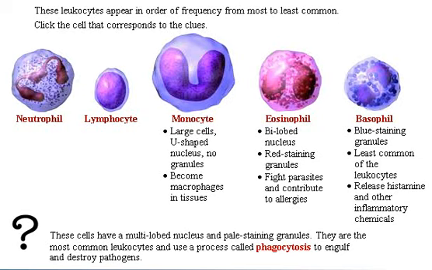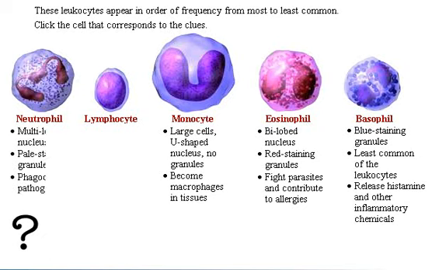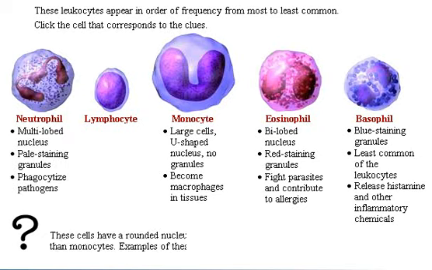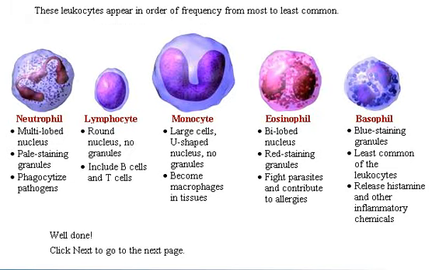They are the most common leukocytes and use a process called phagocytosis to engulf and destroy pathogens. These cells have a rounded nucleus, no prominent granules, and are smaller than monocytes. Examples of these cells are B cells and T cells. Well done!